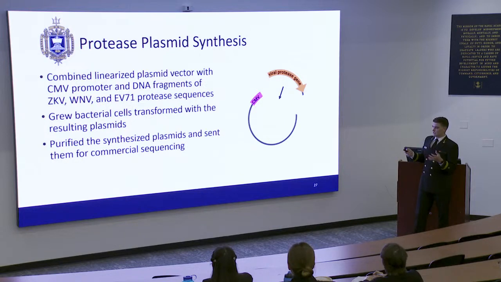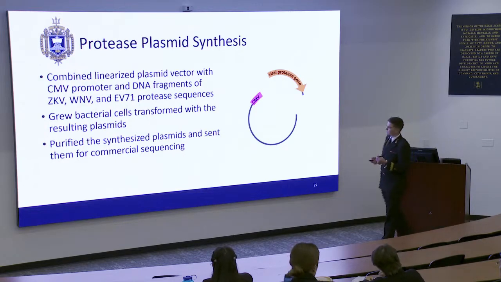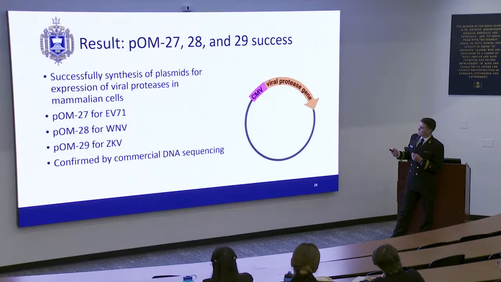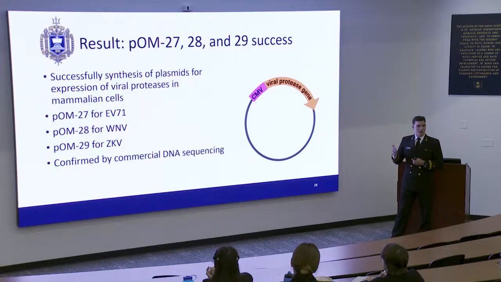We grew bacterial cells that had that plasmid, and then we purified it so we had a bunch of that plasmid. And then we sent that in for sequencing, and we saw that we had successfully confirmed the synthesis of 3 plasmids that each would allow for the viral protease expression in mammalian cells for Zika, West Nile, or enterovirus 71.